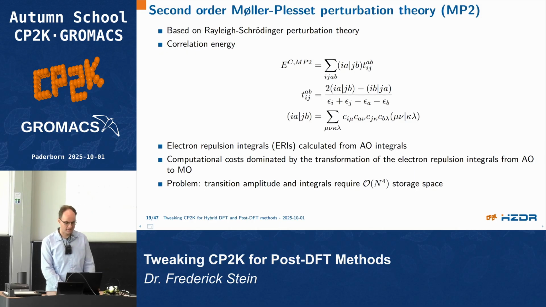Another problem is that you always have to store, at least as intermediates, some electron repulsion integrals, which requires you to store a huge number of integrals. So for 64 water molecules, it would be on the order of terabytes. And that's basically unacceptable for even larger systems.